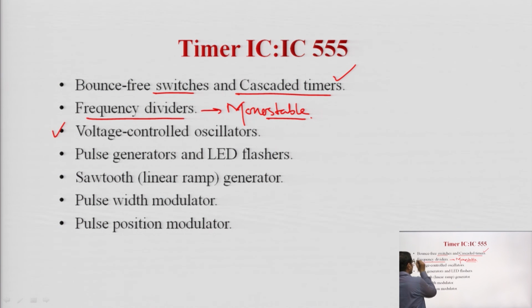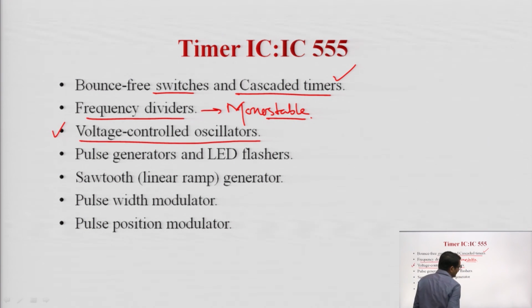A VCO, voltage controlled oscillator, can be designed with the help of the IC 555 timer. A VCO is basically a combination of a multiplier, an astable multivibrator and an integrator circuit. The astable multivibrator can be made with the IC 555 timer.